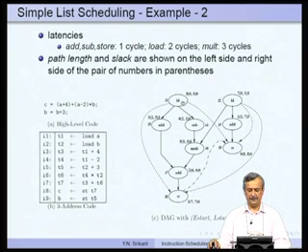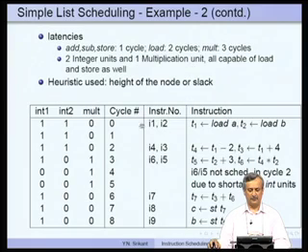So, to begin with, these are the 2 nodes which are in the ready queue, because both of them are the roots of the DAG. Okay. So, in cycle number 0, just before the beginning of it, all the resources are available. There are 2 instructions which need to be scheduled, both are load operations.